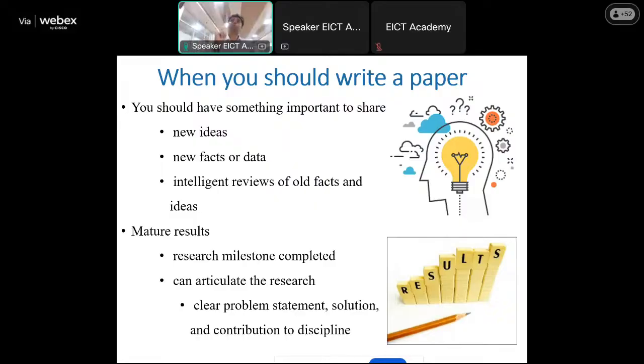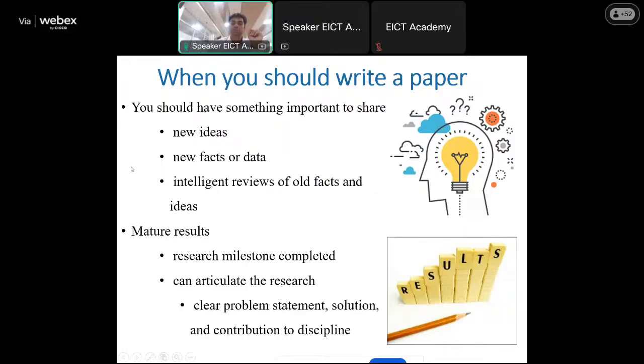If you are proposing something, it is expected that you have a mature result where your research objective is completed, and your article has a clear-cut problem statement along with the solution and how you have contributed towards that particular solution. If this portion is clear at your end, then possibly you think about writing a research article and publishing it in a journal.